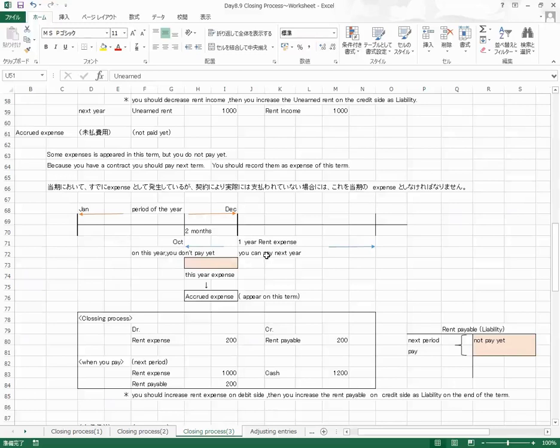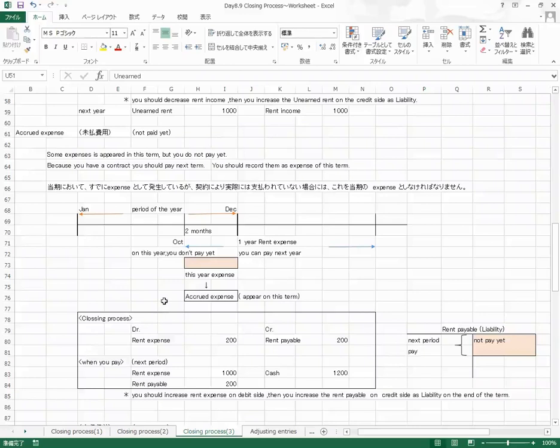And then you can pay next year. Next year, you can pay, but in the period of the year, you can recognize 2 months rent expense. So accrued expense appears at this time.